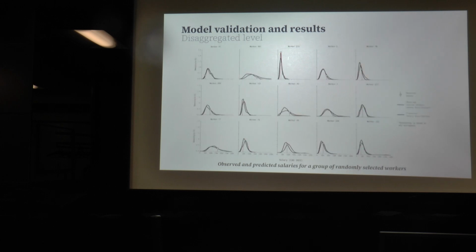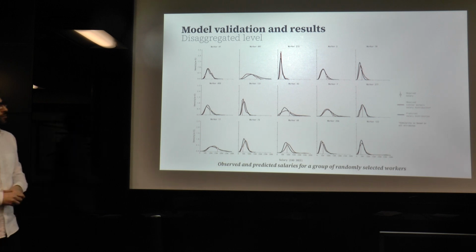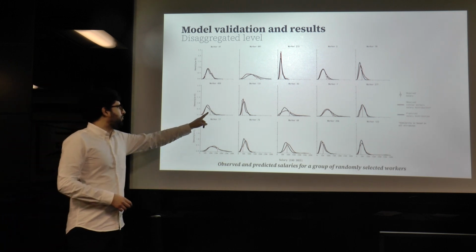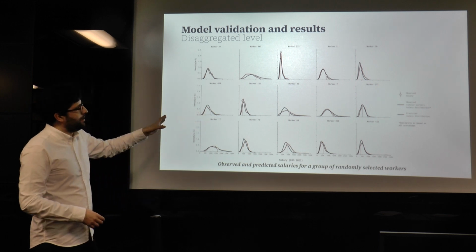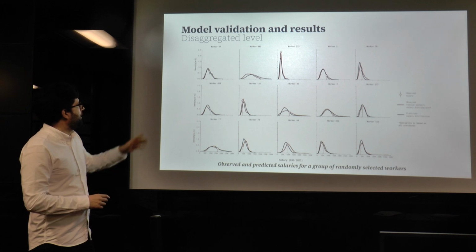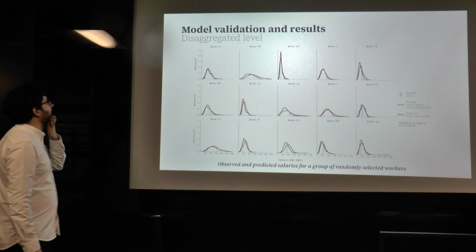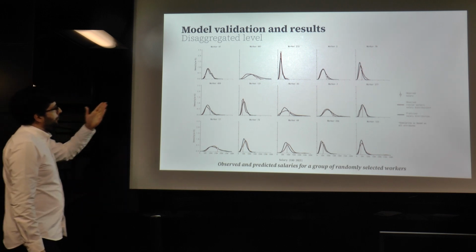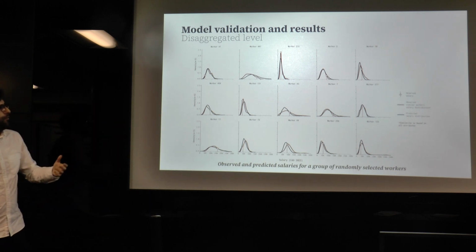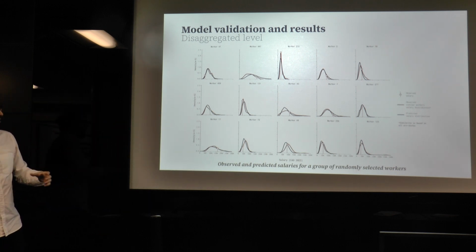And at the disaggregated level, as we wanted to include this model in a simulation framework, the red point is the observed salary, the salary that that person provided in the survey. The red distribution is the observed distribution of people with the same attributes.